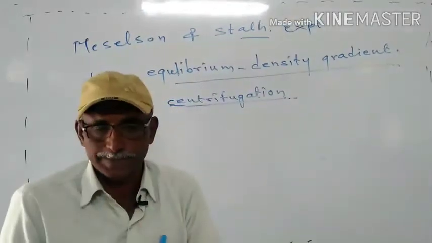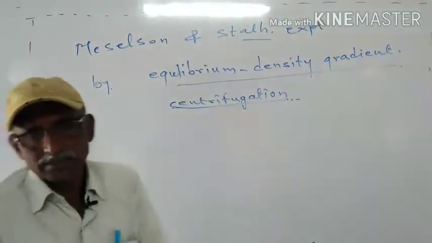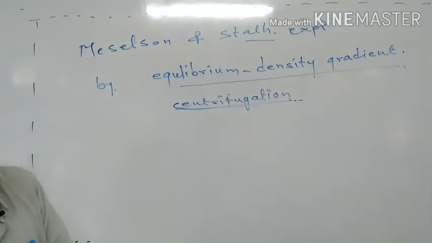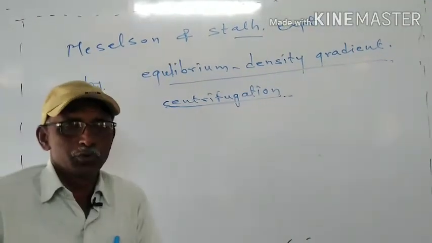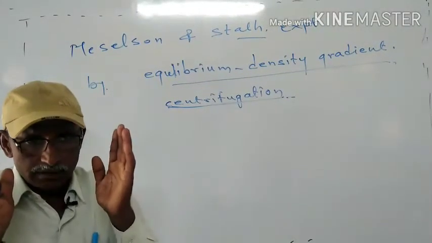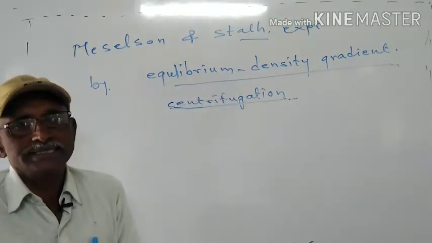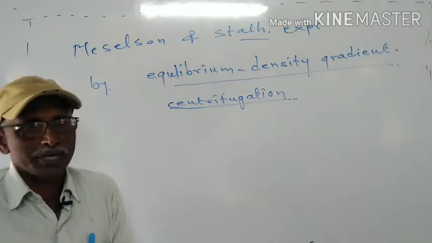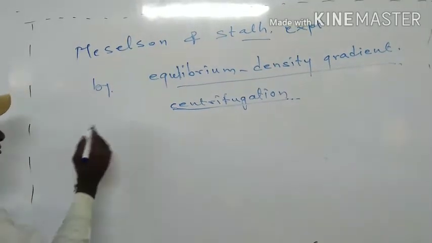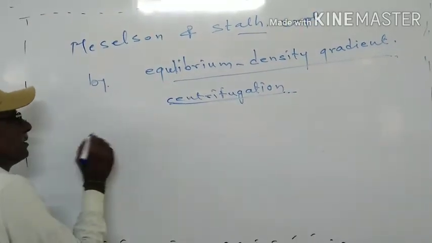So by this method, Meselson and Stahl experimentally proved that DNA replication is the semi-conservative type of replication. For the experiment, which materials were used?